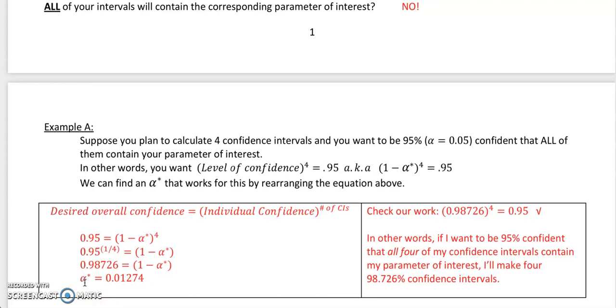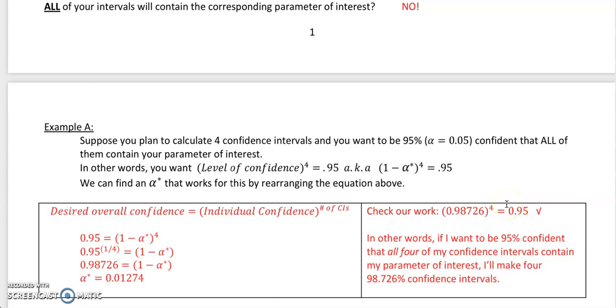Alpha equals 0.01274, and SAS would give me a 98.726% interval. We'll see that we can actually have SAS do some of this for us, but that's the general idea. So we can check our work. If you take 0.98726 to the 4th power, you'll see that you actually do get 0.95.